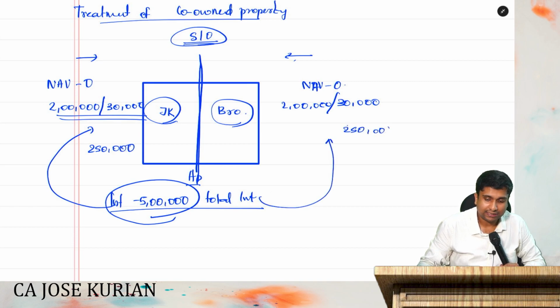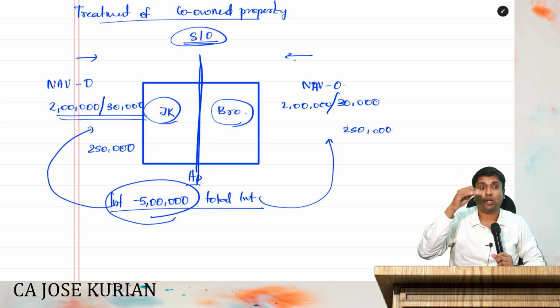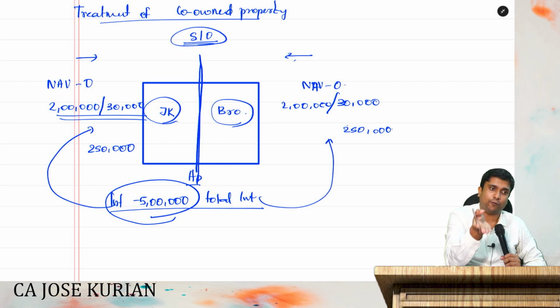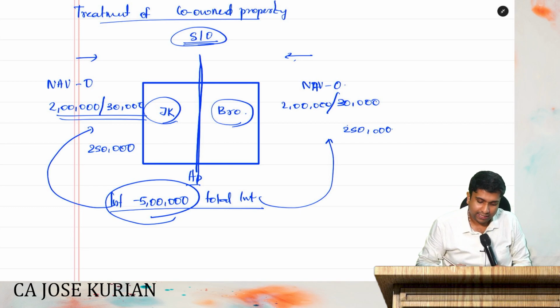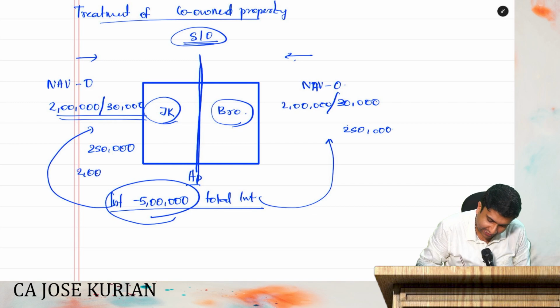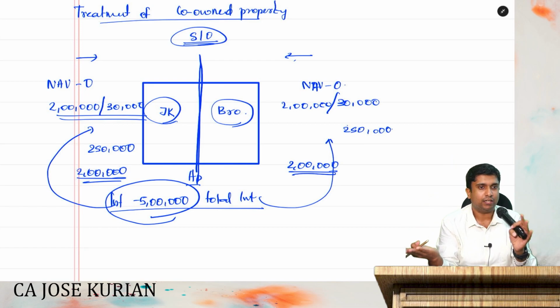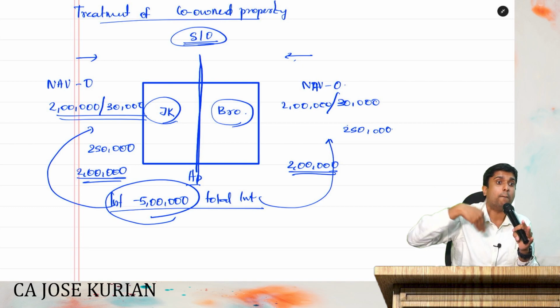Yes or no? Since it is a house property and loan taken on or after 1st April 1999, say the loan is taken either for purchase or construction, then I can claim up to 2 lakh as a deduction and my brother also can claim up to 2 lakh as a deduction. That's what I said. The ceiling limit of 2 lakh or 30,000 can be claimed separately, can be enjoyed by my brother as well as me.